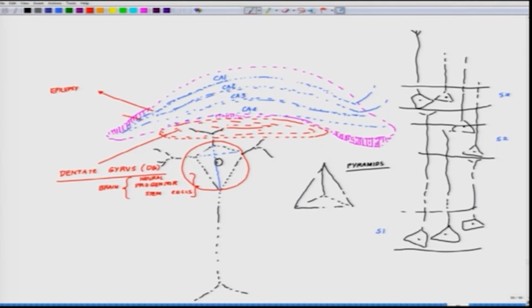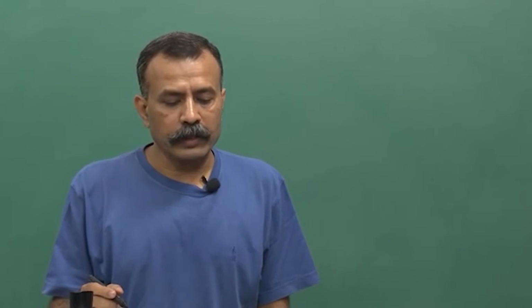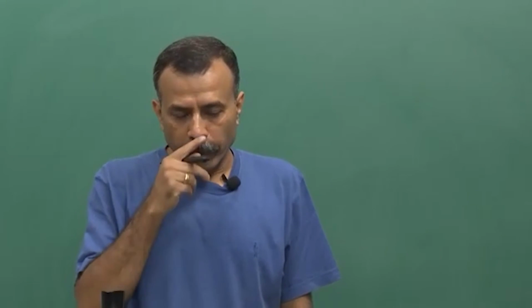Next, we will talk about AD, Alzheimer's, and third we will talk about memory. All these three things we will be dealing with in relation to this structure. That is why I am spending significant time explaining this anatomy and its significance.